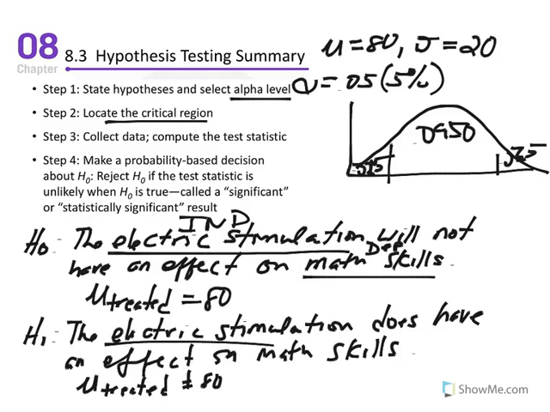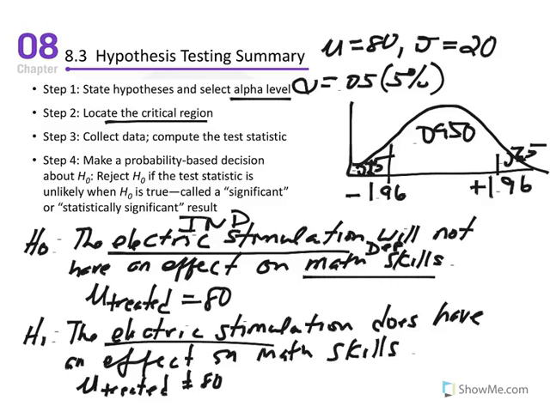Again, that's 2.5% and 2.5% for a total of 5%. And we know that when we enter the unit normal table and we find this value of 0.025 in the tail, you'll find a z-score of negative 1.96 and its corresponding positive value of 1.96. So we've identified the critical region.